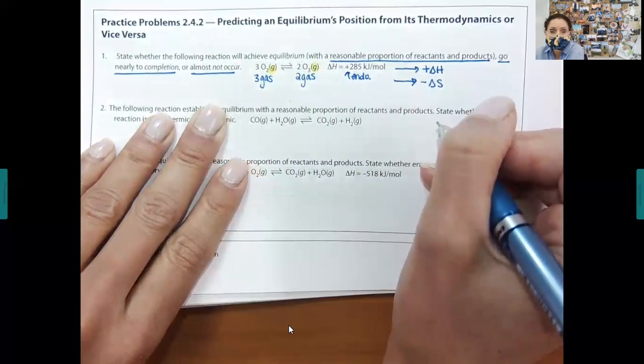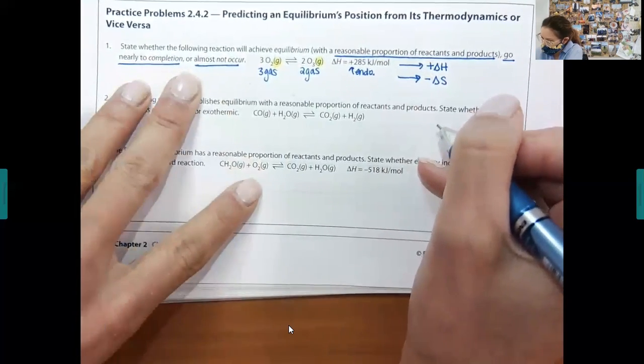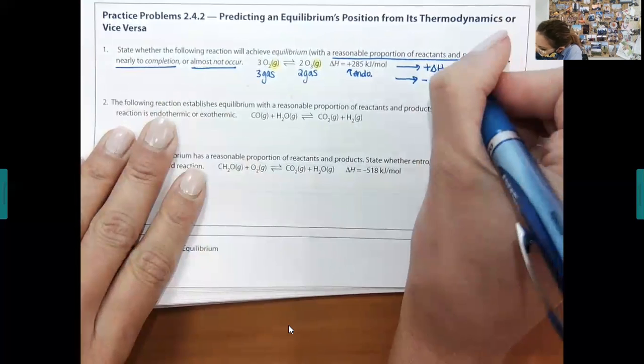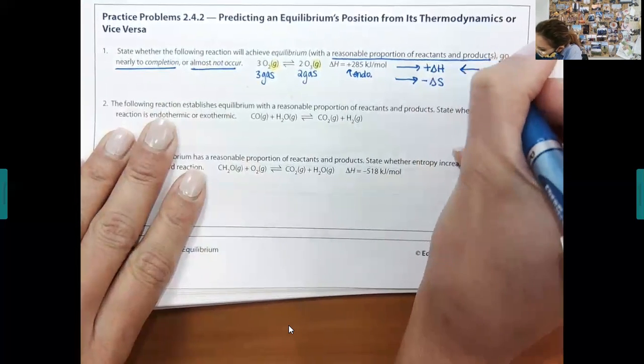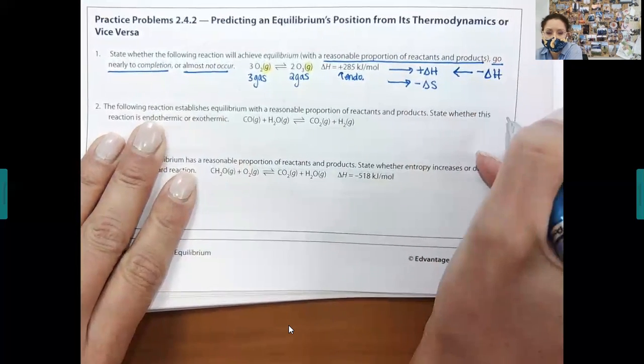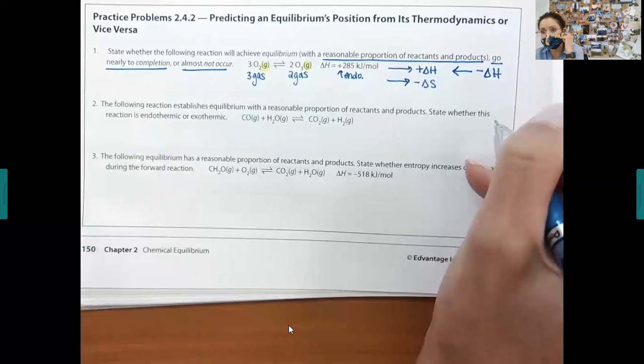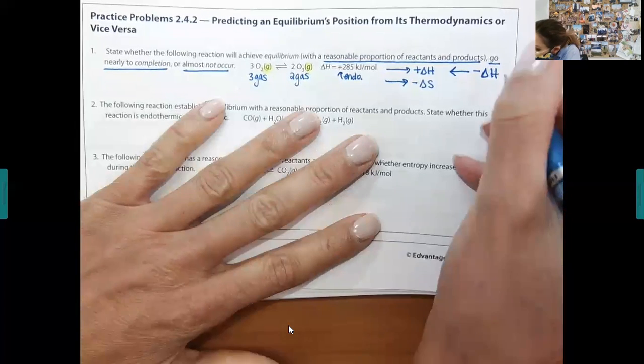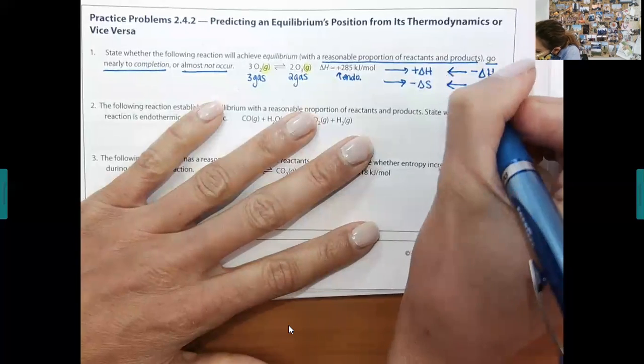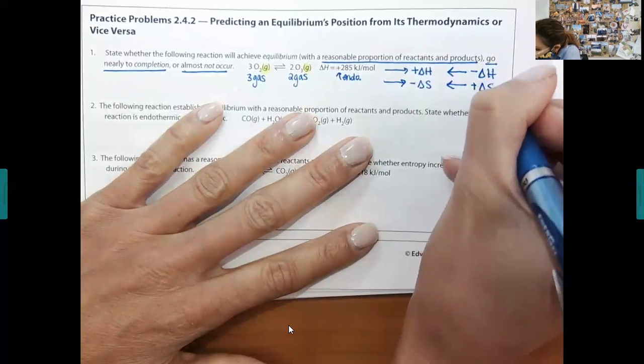So if we're thinking about this in terms of delta H and delta S, this direction is your negative delta H, right? Which is the direction that we're concerned with. And this direction is the increase in entropy.